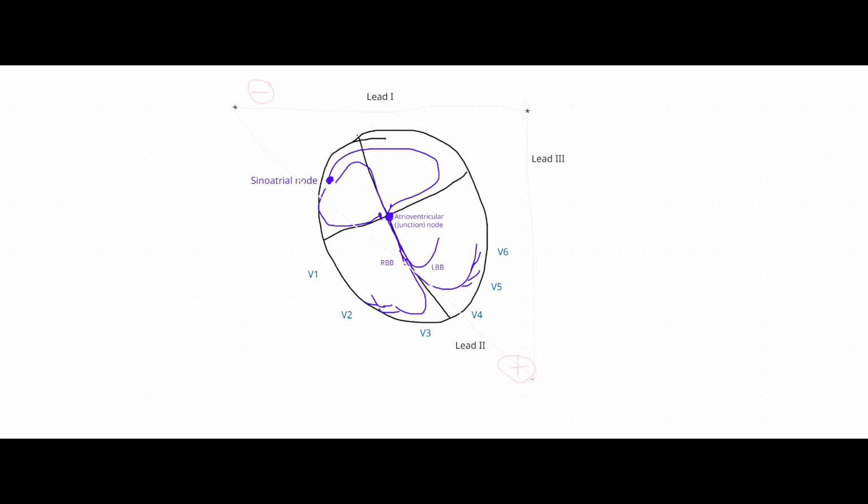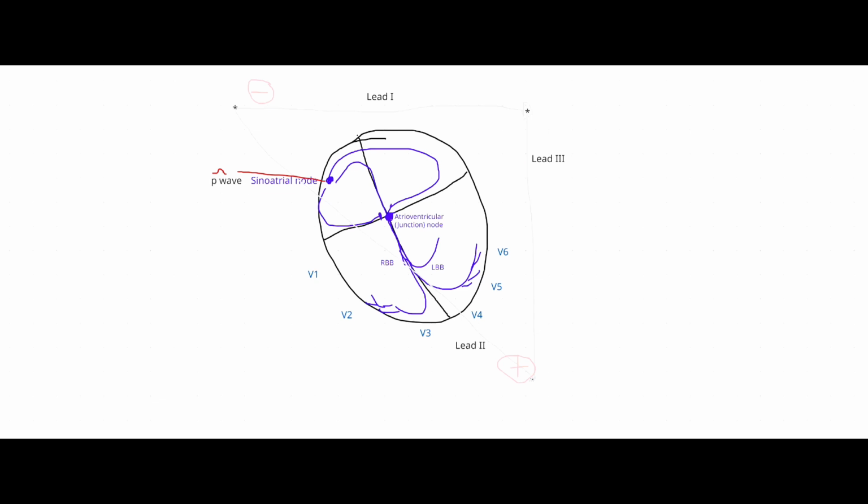Now, let's look at what rhythms we actually see when we're looking at the EKG. So I mentioned that here's the SA node, and of course in the SA node is the P wave, right? So when the SA node fires, then we're reading the P wave.